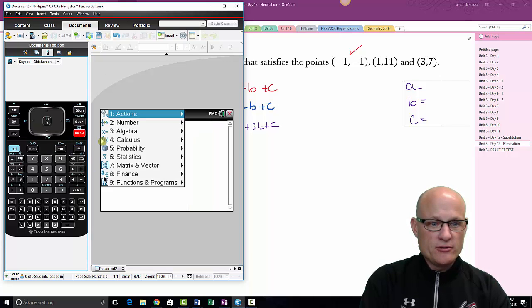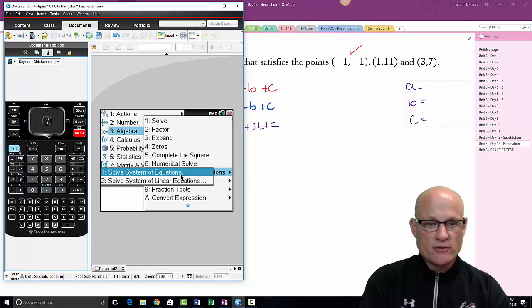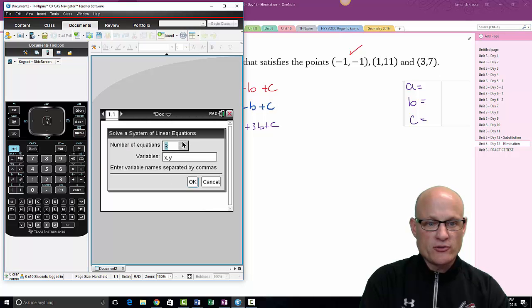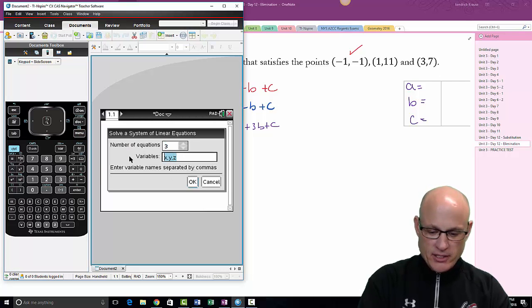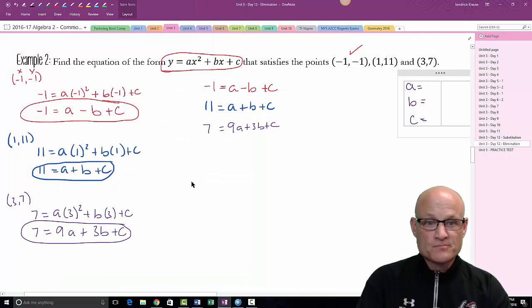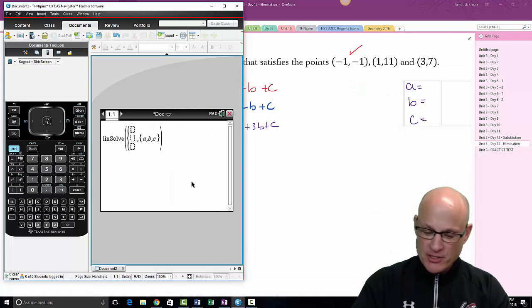Menu, Algebra, Solve a system of linear equations, 3 equations. Call it a comma b comma c. Click OK. So a minus b plus c equals -1.